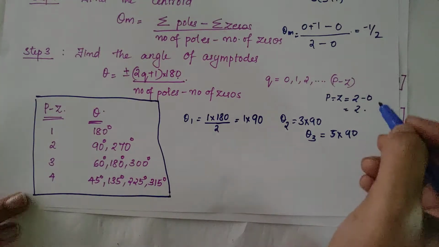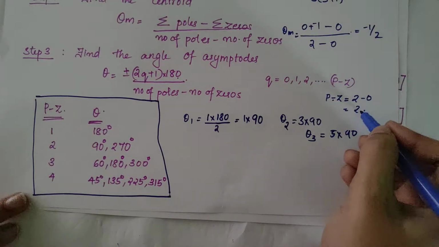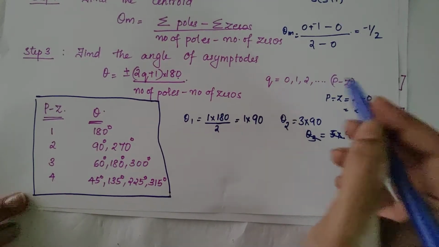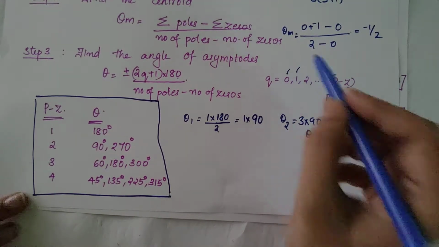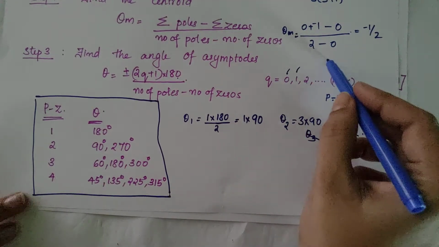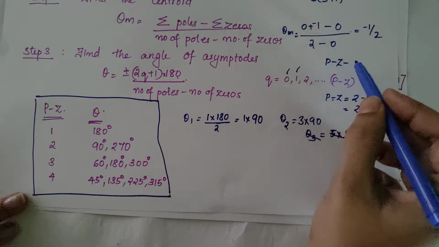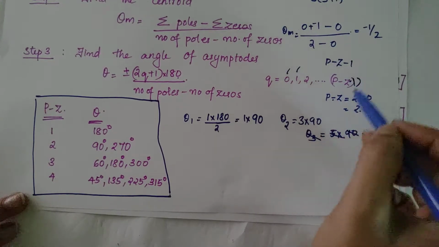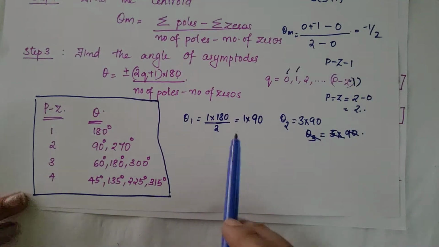Here p minus z is 2, hence we only have 2 values. Why 2 values? Because q varies up to p minus z minus 1, that is 0 and 1. So the earlier statement was a mistake; it is p minus z minus 1.